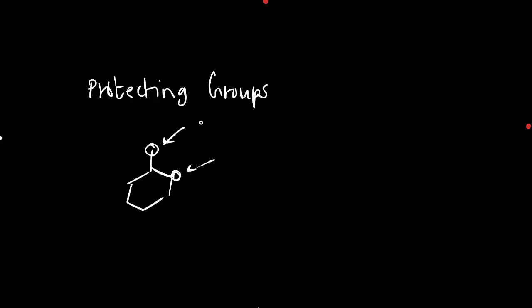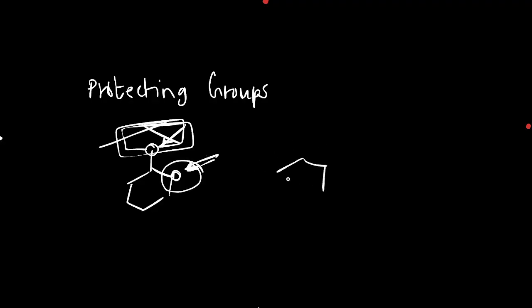Well, what we have to do is add a protecting group on this group here, and then we have no choice but to react in our position of interest. So we end up forming the reaction here, and then we remove the protecting group. So we get our initial thing back, and this position then has whatever it is we wanted to attach to it.